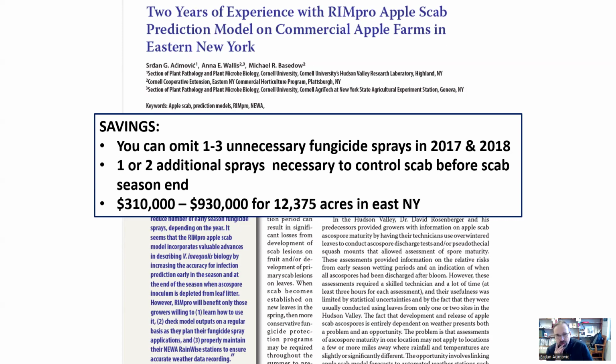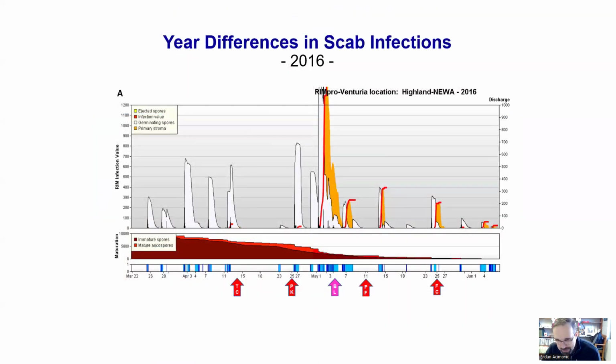If you really looked at the savings from omitting these 1 to 3 fungicide applications early in the spring, it would be about $300,000 to $900,000 for about 12,000 acres that we covered in Eastern New York. So let's see now what those infections would be. If you looked at the NUA model, all these ascospore releases that you would see here in cumulative germination would be infection periods for which you would need to apply fungicides.